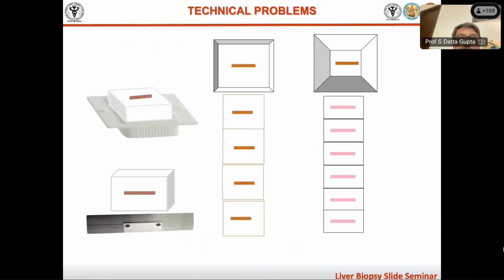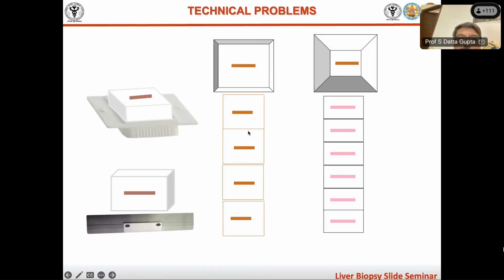The other thing that we recommend is that when you're cutting liver biopsies, you have to take serial sections. Try to get as many sections on a slide as possible. If you look at the face of the cutting edge of the block, you'll find there's a lot of paraffin on either side.